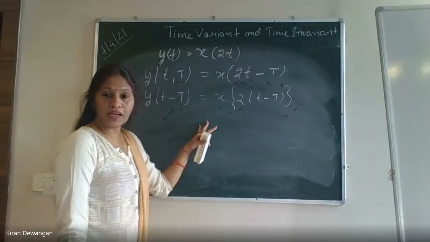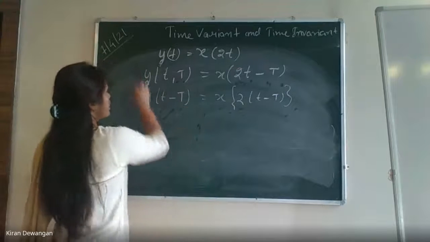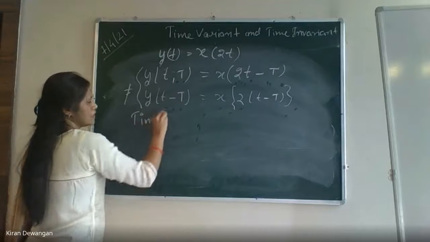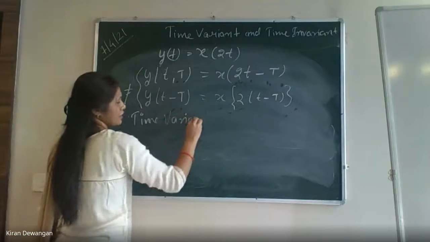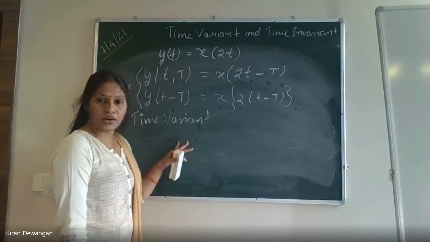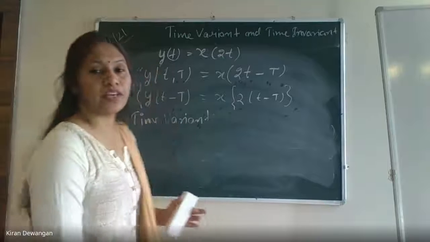Is this concept clear? Again, it's a time variant system. Since these two are not coming same, it will be a time variant system. ठीक है, it will be a time variant system. Clear now? Clear everyone? Yes? Clear है कि नहीं? ठीक है.